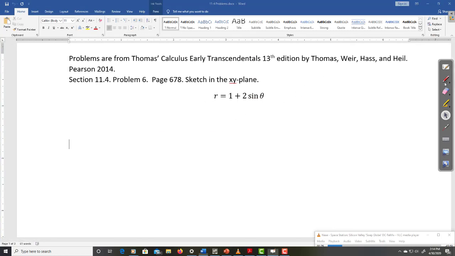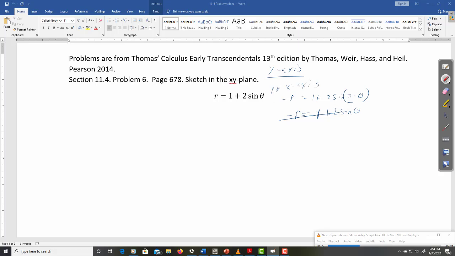Negative r equals 1 plus 2 sine of pi minus theta. Well, that'll have the same sign, so that's the same as 2 sine theta. But then this is not the same equation. So that's out. So y-axis, not x-axis.